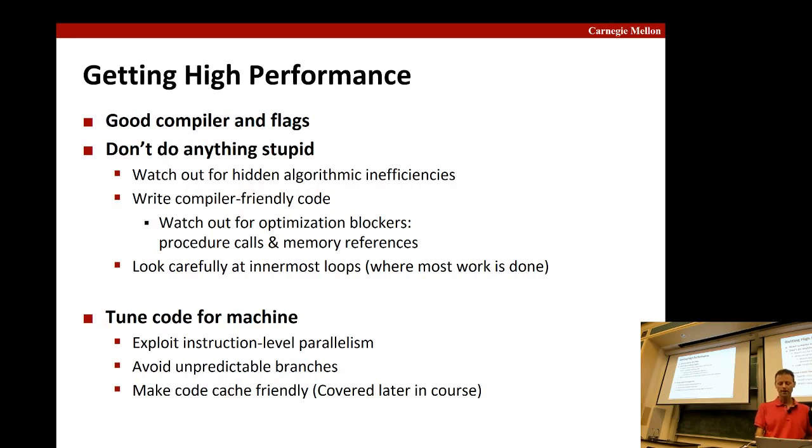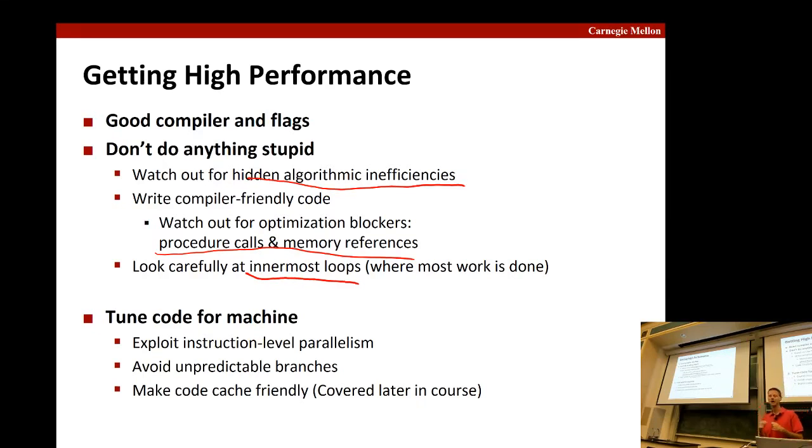Okay, so to summarize, you want to watch out for these hidden algorithmic inefficiencies, like the strlen, which is doing this n-squared calculation when you didn't think about it. You want to watch out for optimization blockers, try to do things that are going to help the compiler, like use temporaries so they don't have to worry about aliasing. We spent a lot of time optimizing this innermost loop of this function.